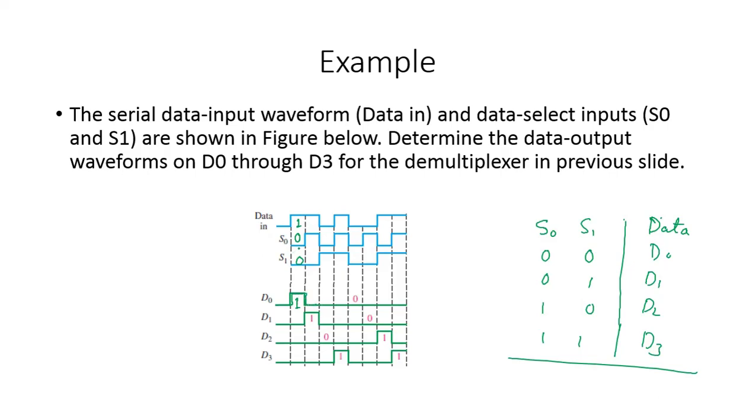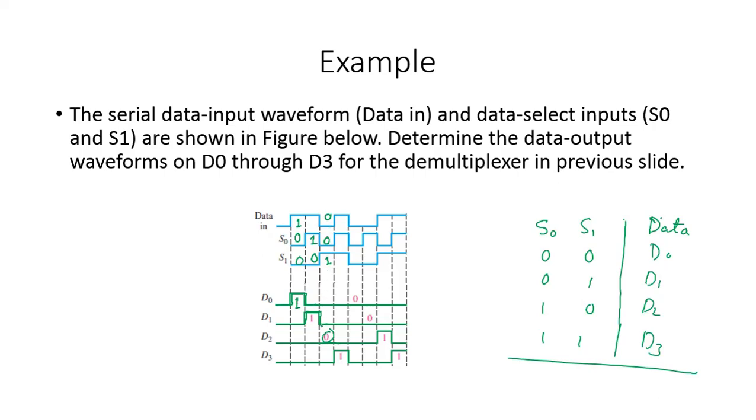Now we have S1 equal to 0 and S0 equal to 1, so data at D1 will be passed. Here the data is 1 and here it is 0. For 1 0, D2 data will be passed, so it is 0, so D2 is 0 because the original data is 0.